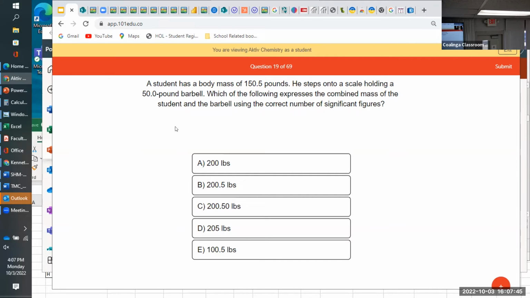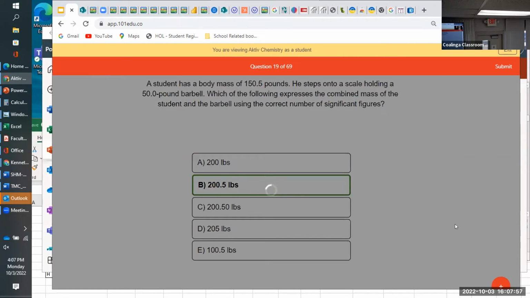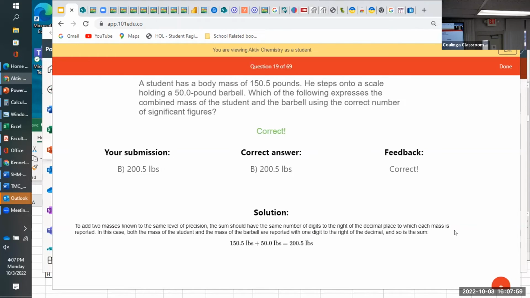It's B, because it's addition. Where does the significance end in both cases? One after the 0, one after the 5.